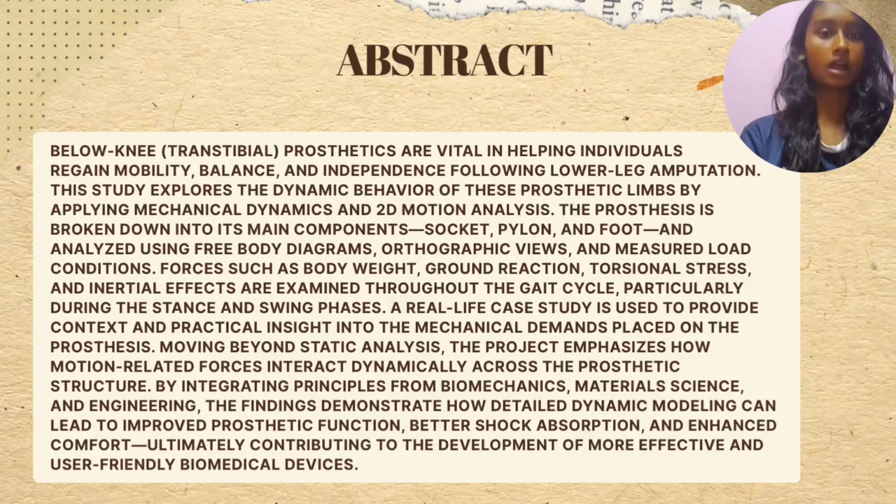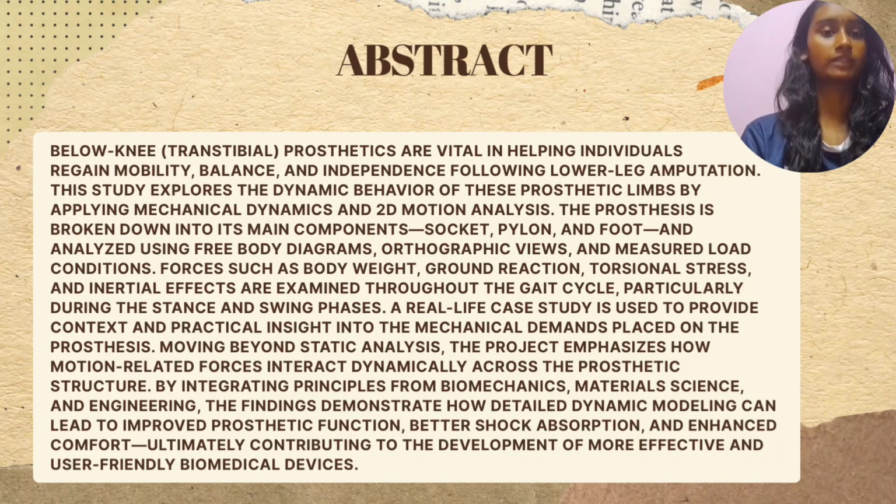Below-knee prosthetics are essential for helping individuals regain their mobility and independence after a lower leg amputation. In this study, we explore the dynamic behavior of these prosthetic limbs using mechanical dynamics and 2D motion analysis. The prosthesis is broken down into three main parts: the socket, pylon, and foot, and analyzed using free body diagrams, orthographic views, and real-world load measurements.